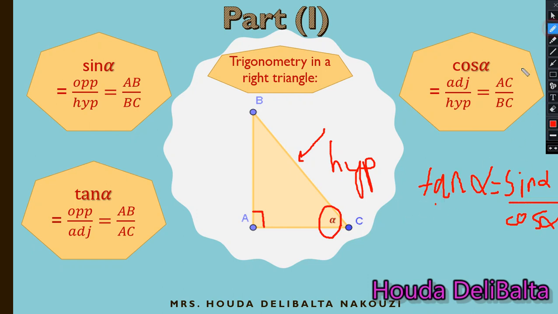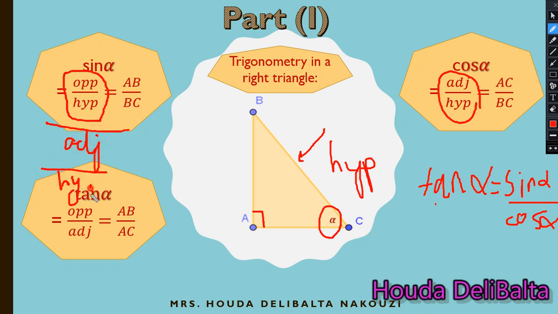So, if you divide sine alpha, which is this value, over cosine alpha, which is adjacent over hypotenuse, look what you will get. You can cancel this with this and you will get opposite over adjacent.